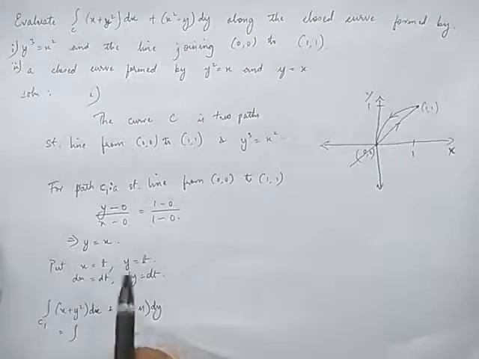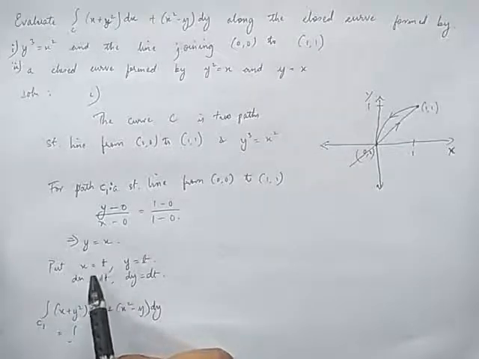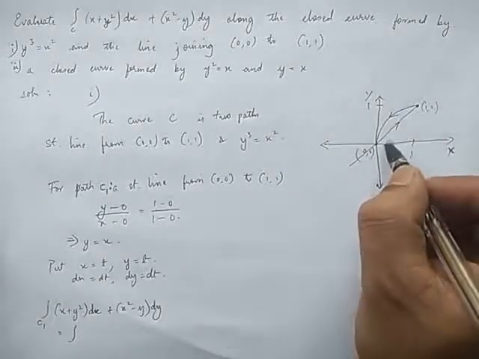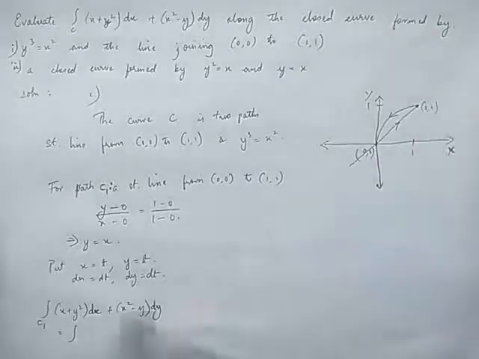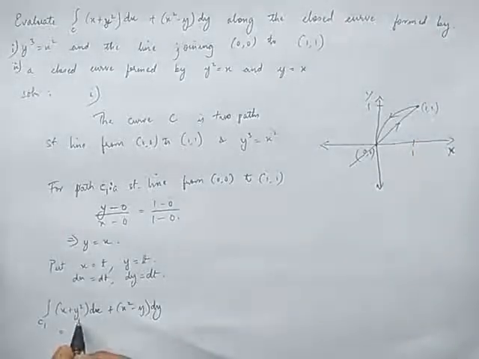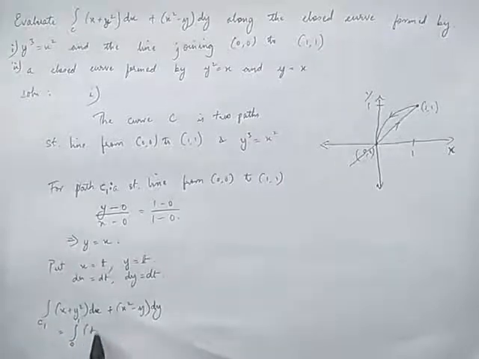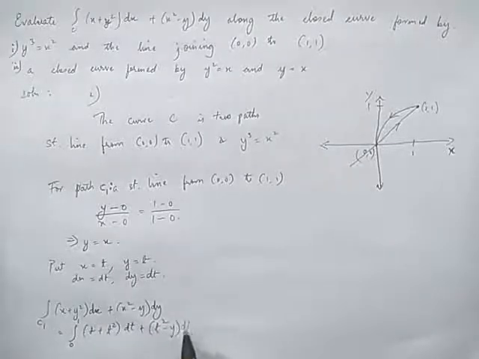If I put x as t, x varies from 0 to 1 along the straight line, so the limits are 0 to 1. This becomes t plus t square, with dt instead of dx, plus t square minus y, again with dt.